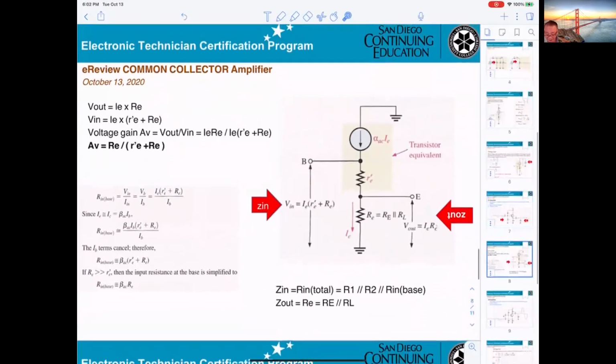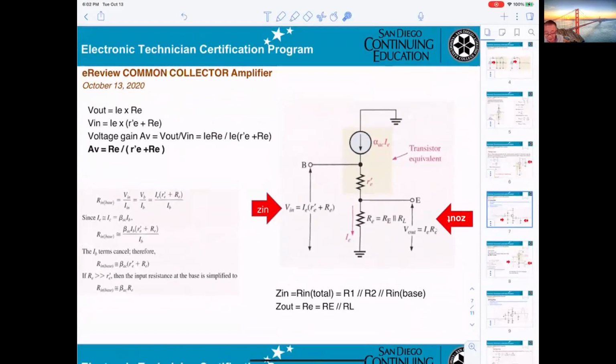Now, I draw this one. Go to the AC, and you can see this part here. That's the transistor in AC. You understand that at the collector, now they grounded it, right? That's why they call it common collector.